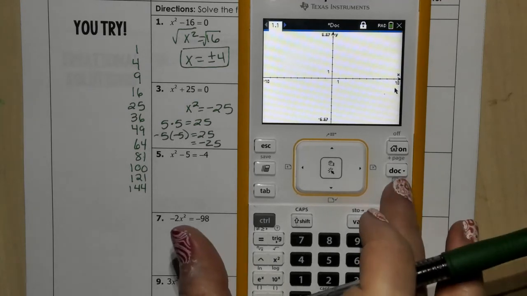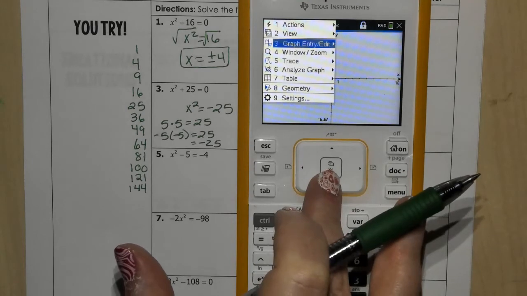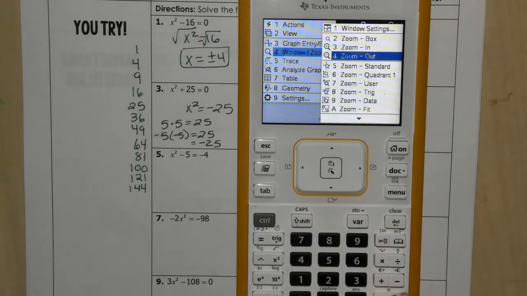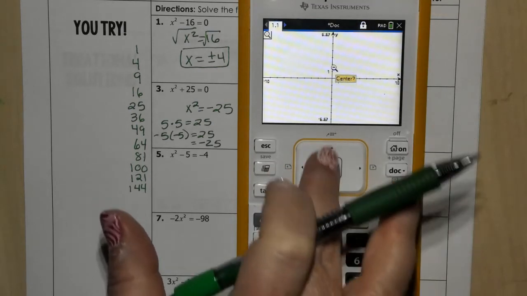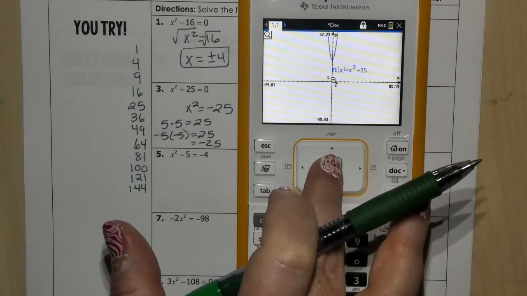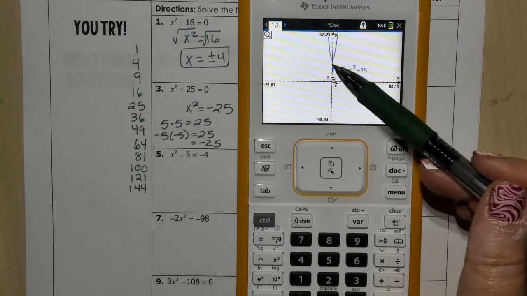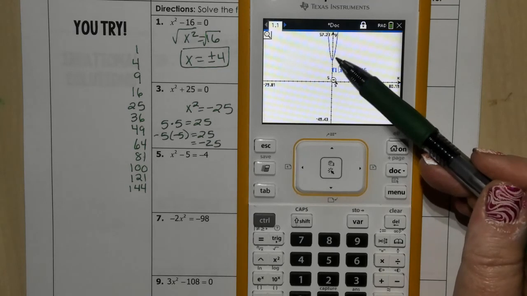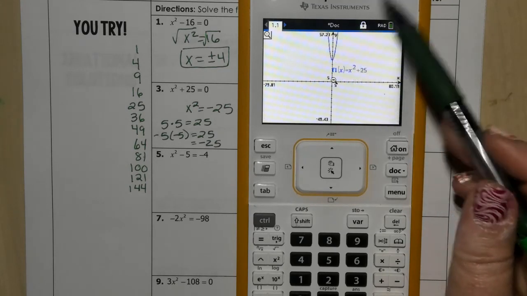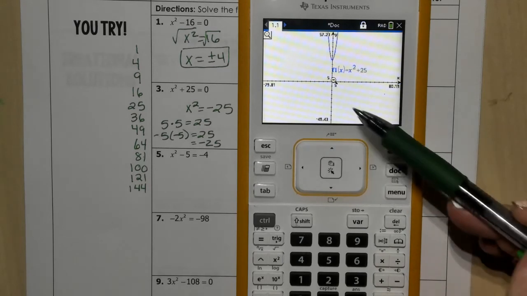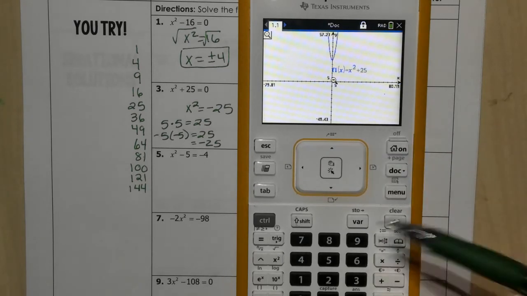It's there somewhere. Let's zoom out. There it is. It's up here. The vertex is all the way up there. I believe that's at 25. And it's going on up in the positive direction, never crossing the x-axis. This has no real solutions.